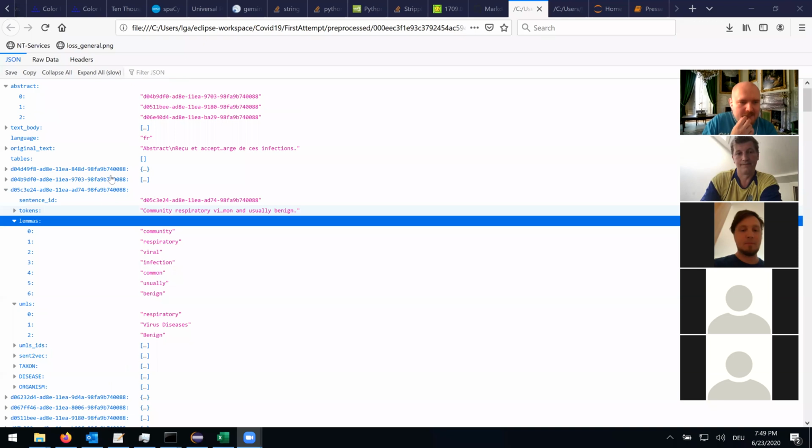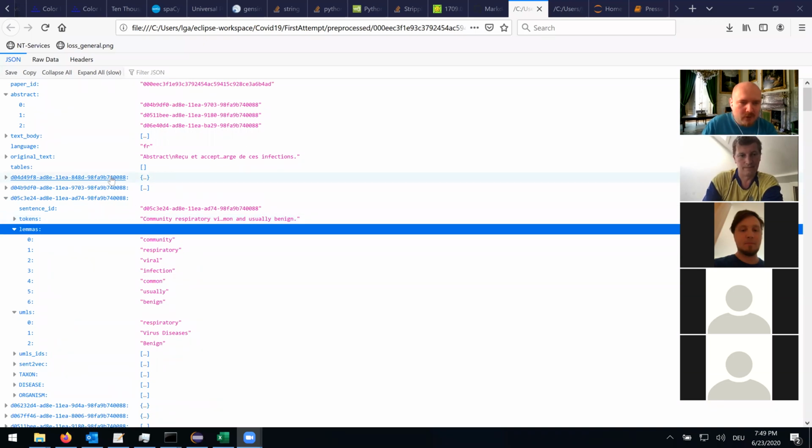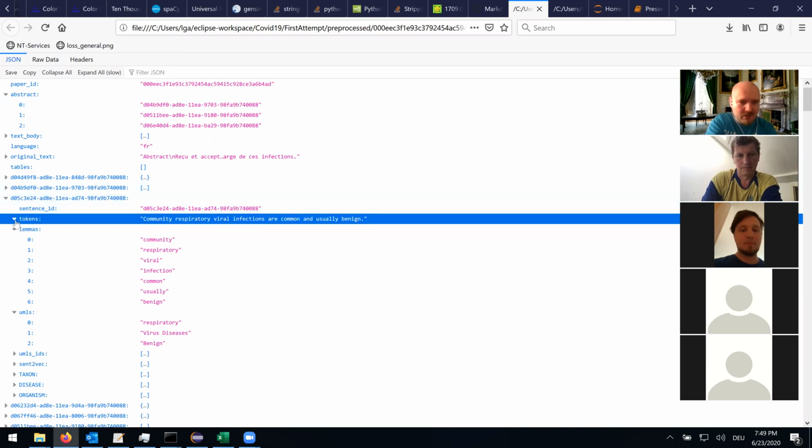Okay, so I have already found this file. I'm sharing my screen. Okay, cool. So look, this is the layout of an annotated file coming from our new pipeline. For instance, we have a sentence with some sentence ID, then the original content of the sentence: a community respiratory viral infection, and so on.